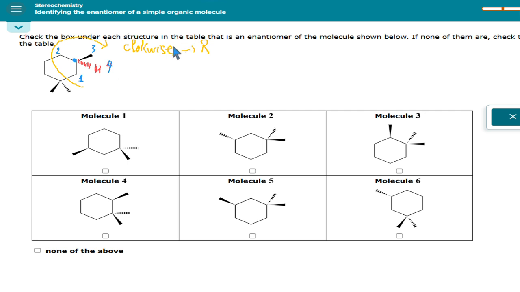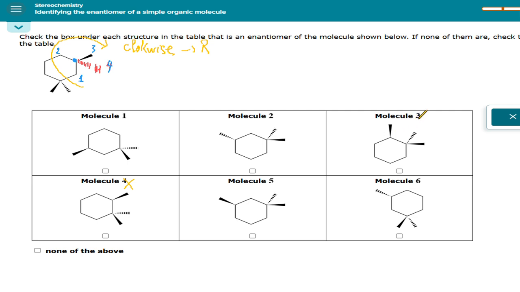And so we have to do the same for the other ones. But some of them have a different shape than the original one. For example, molecule 4. You see that the methyl group is closer to this, which is not the same as this one. So this one can never be an enantiomer.